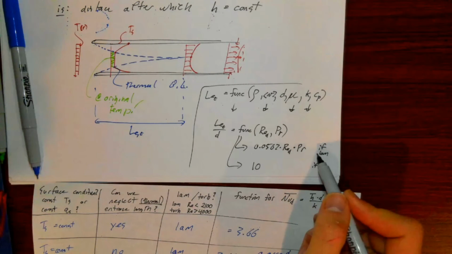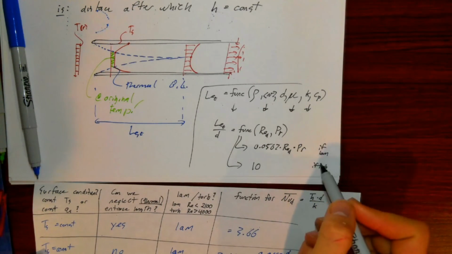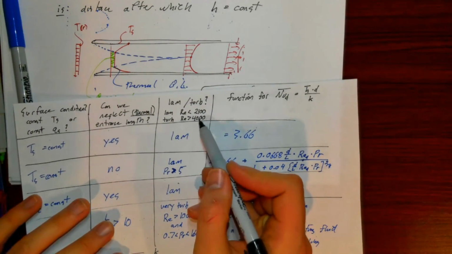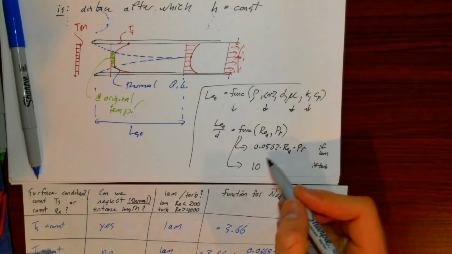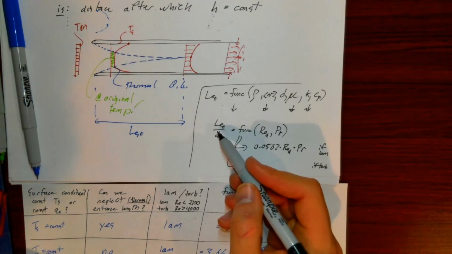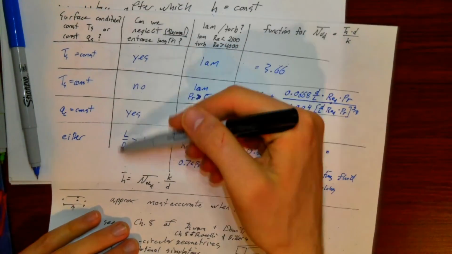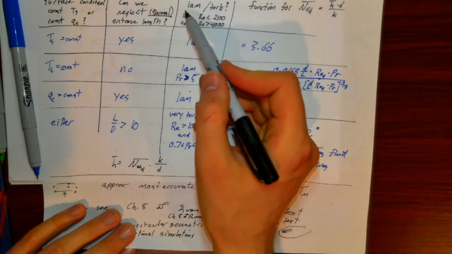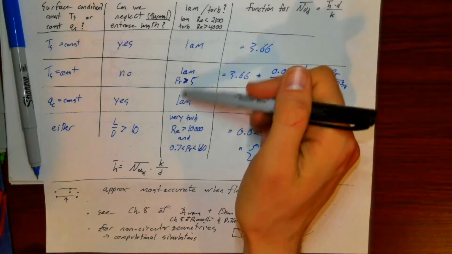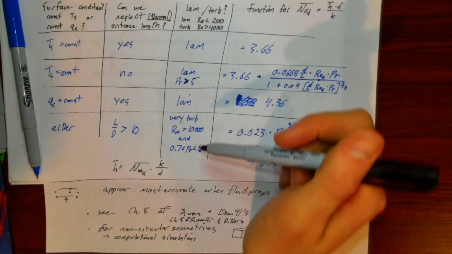Is the flow laminar or turbulent? To determine that, you calculate Reynolds number first and then compare it to your 2100 or 4000. That tells you which of these equations to use for thermal entrance length. You calculate your thermal entrance length. That allows you to answer this question. Then at that point, you'll have already answered the question of whether the flow is laminar or turbulent. And that can tell you which thing to use here.